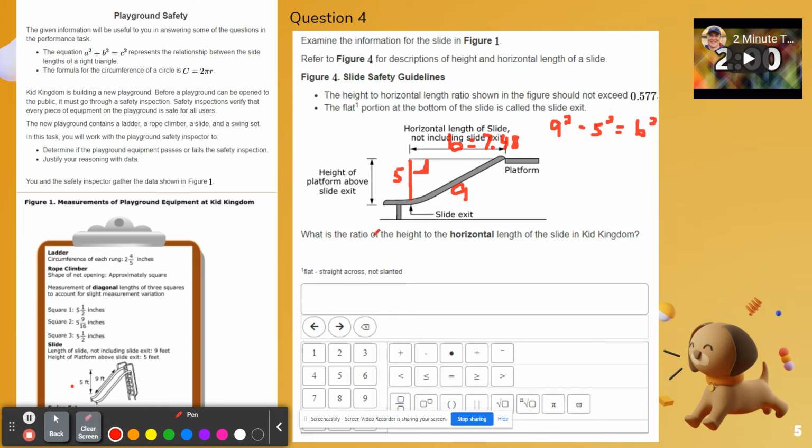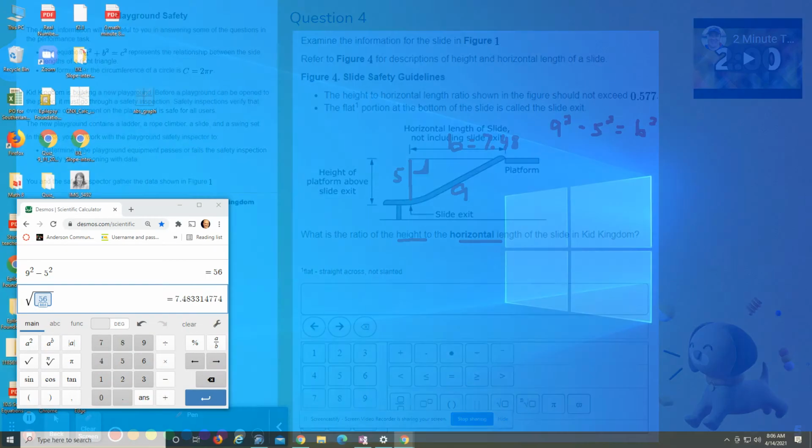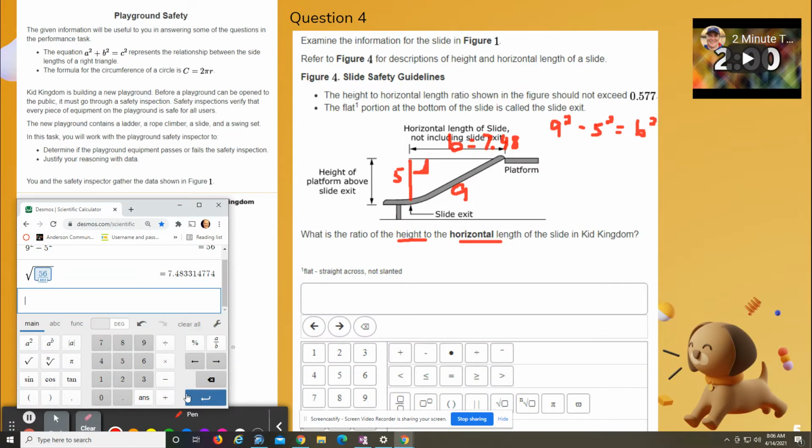Now, it says it wants to know the horizontal length compared to the height, the ratio of the height to the horizontal length. So go back to your calculator, and you're going to do the height, 5, divided by the horizontal length, which is 7.48.